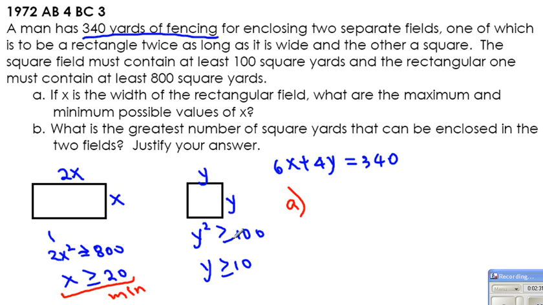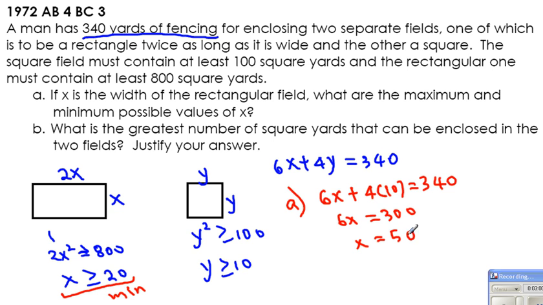So let us look into A. For x to be maximum, because both of them have to add up to 340, y has to be the minimum. Minimum for y, we know to be equal to 10. So we get 6x plus 4 times 10 equals 340. That means 6x must be equal to 300, so x has to be equal to 50.